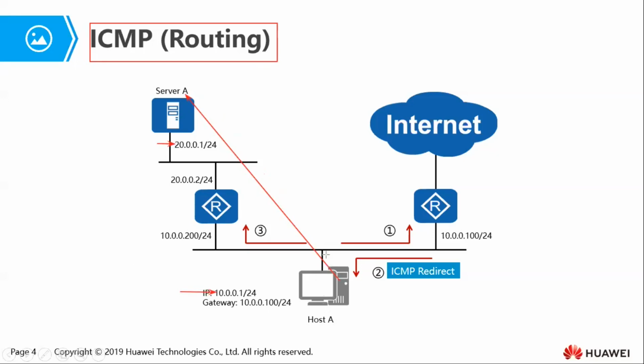So if host A wants to talk to server A, it needs to send that packet to the gateway. And that's exactly what is happening here. So in this very first message, host A is sending it to the gateway.